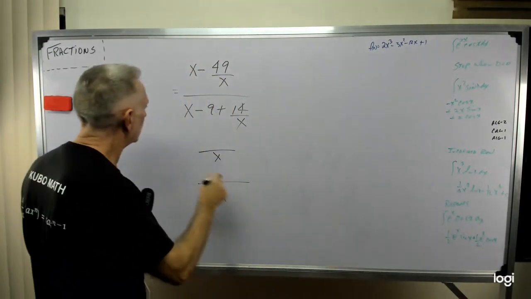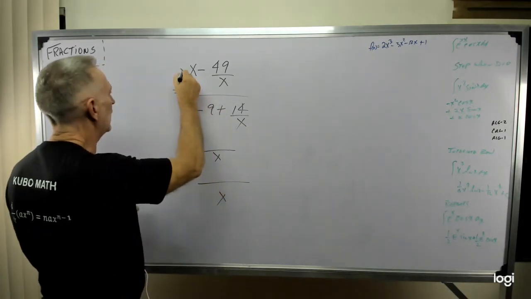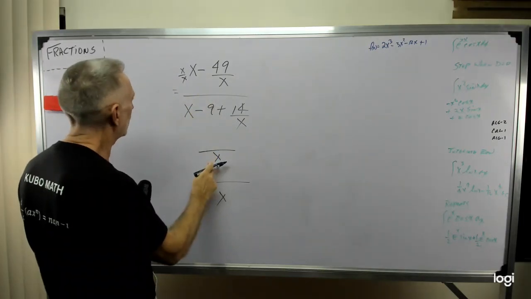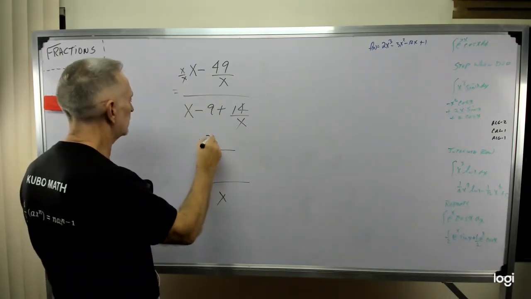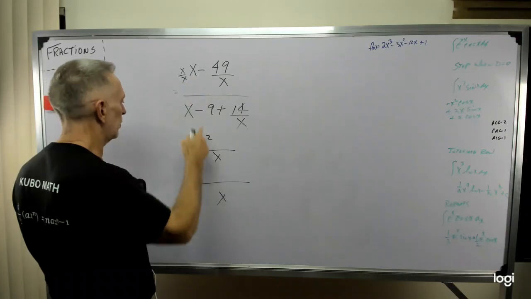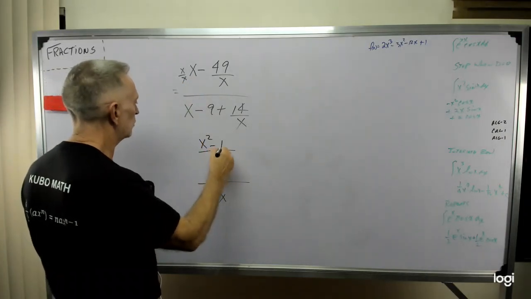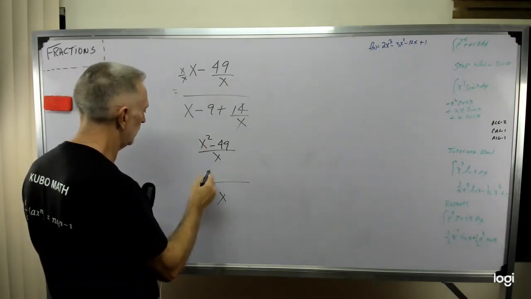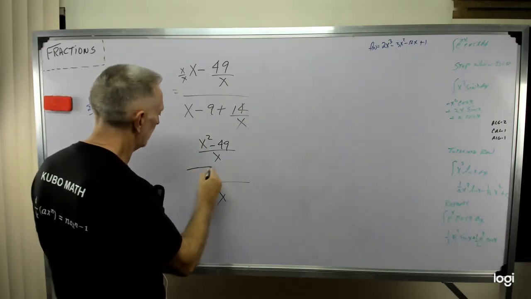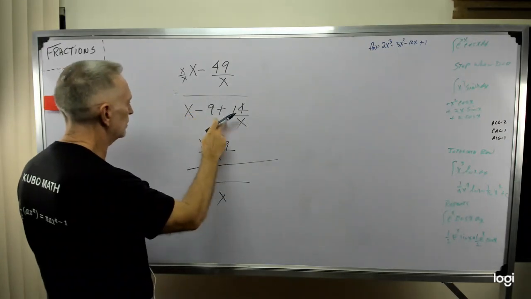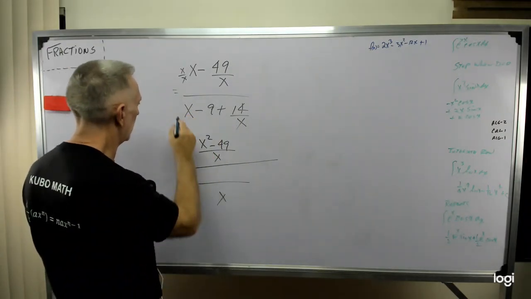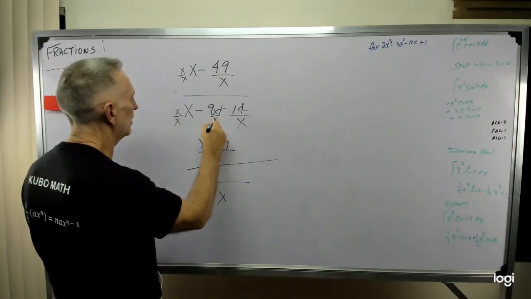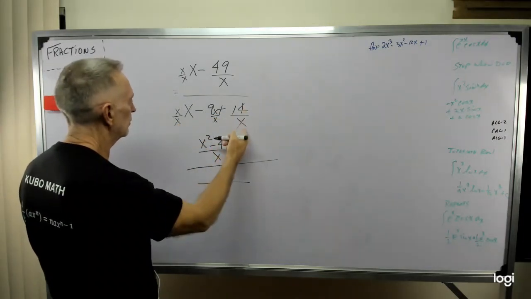All right, if I multiply x over x times this up here to get it over x, it becomes x times x is x squared over x minus 49 over x. Okay, now then, that's divided by this guy. Well, it's all going to be over x. So I need to multiply this by x over x and this 9 by x over x. 14's over x.